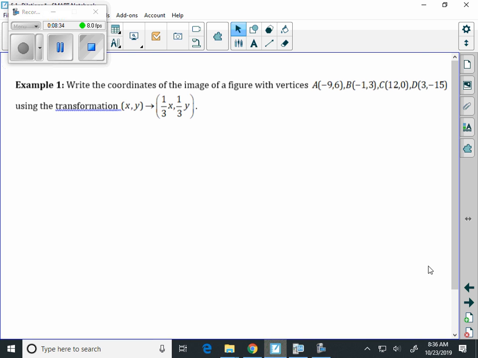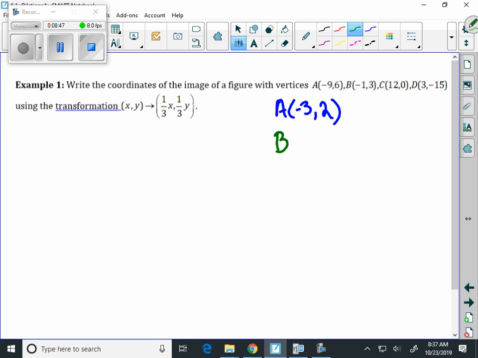So you can type in 1/3 times negative 9, which is negative 3. 1/3 times 6 is 2. Vertice B: 1/3 times negative 1 is negative 1/3. 3 times 1/3 is 1.